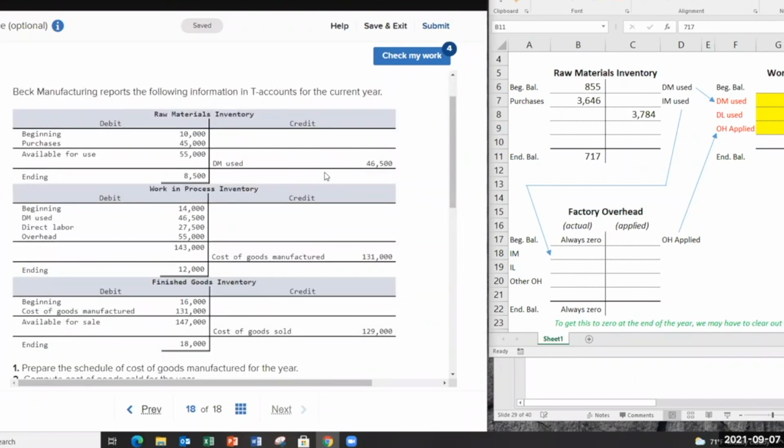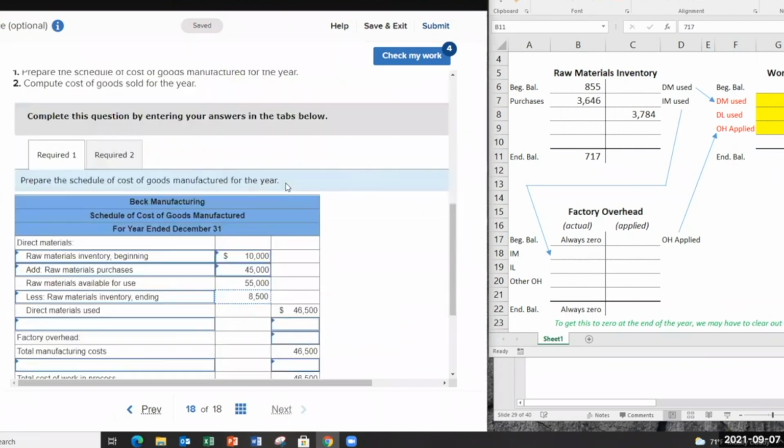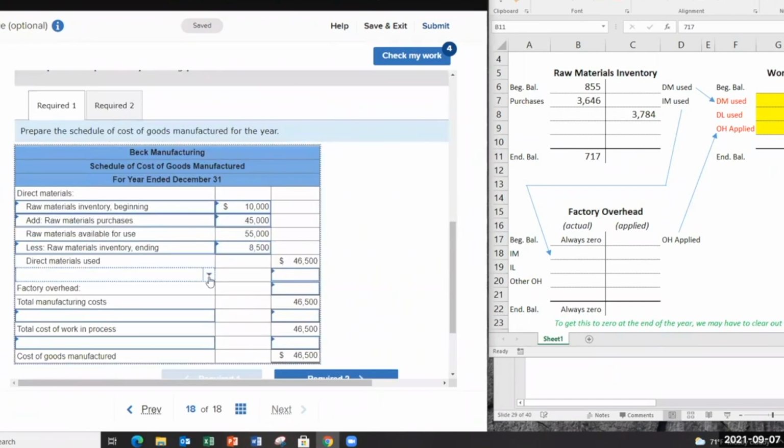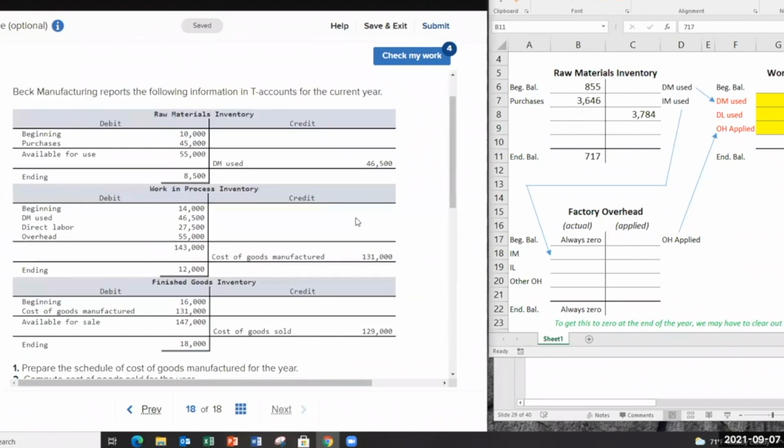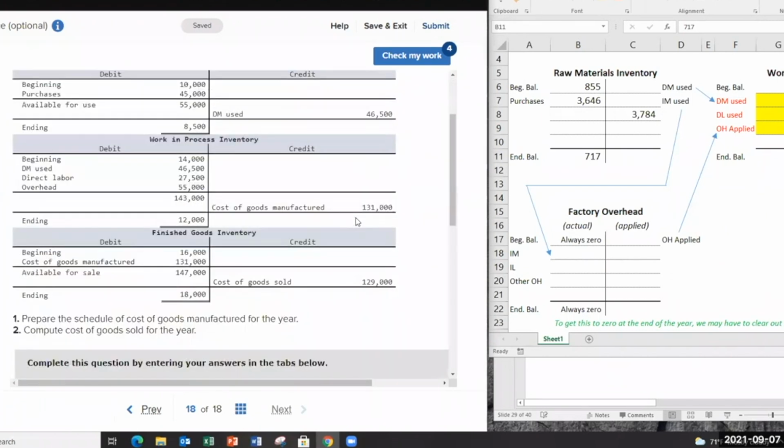I guess we don't have any indirect materials, right? Because if we did, that would come out of here too. It's okay, we probably don't have indirect materials. Now we're going to do direct labor, and that should be given to us. Where is it given to us though? Let's see. Direct labor right here, 27,500.